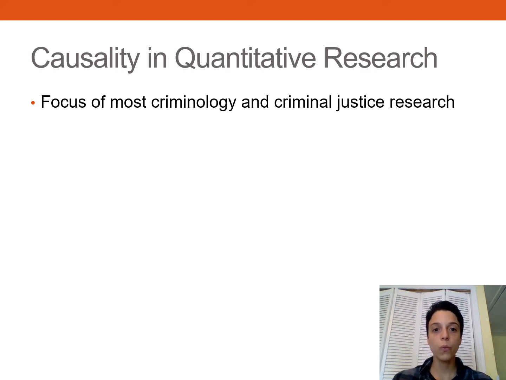So in order to establish causation, we're going to be looking at a couple of things. But first, I want to make a quick note that what we're talking about here is probabilistic causality. So if you say that one thing causes another thing, that can imply that every single time thing 1 happens, thing 2 happens. That's rarely the case in any kind of social science research. No matter what kind of cause you're looking at, it's rare that there's a one-to-one relationship between your cause and your effect.